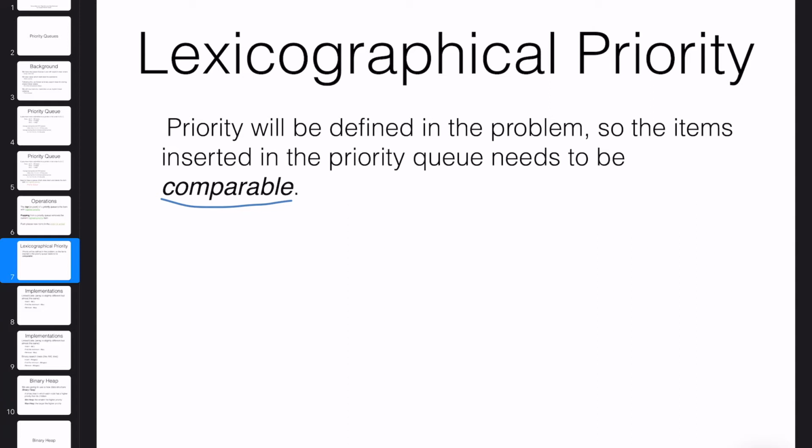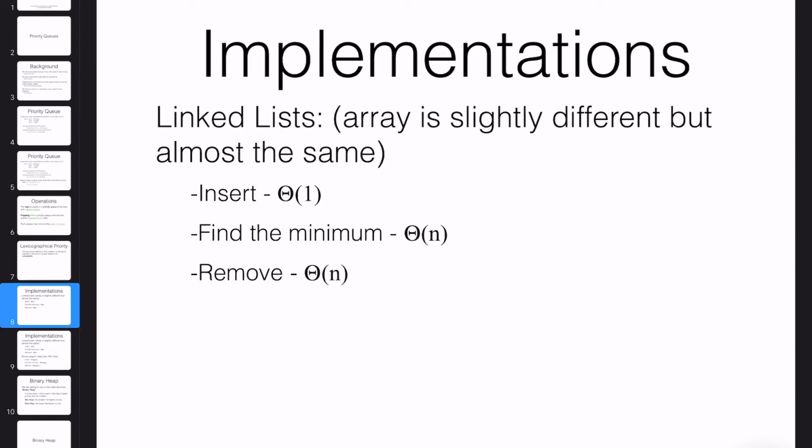So it's just a matter of the implementation. Just make sure that all the items that we insert in our priority queue are comparable, exactly like what we did for the binary search trees. If you are inserting an item into a binary search tree, that item should be comparable, so it should have some key that we compare the items by.